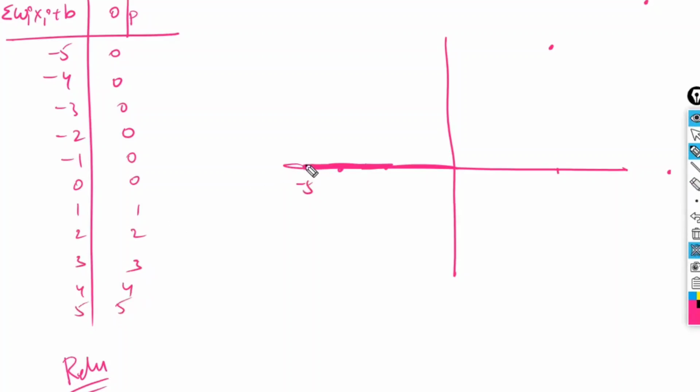If you draw a scatter plot, and now a line plot, automatically this is the line. This is the ReLU graph. Is that clear now?